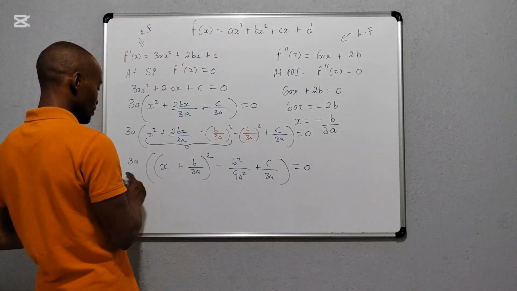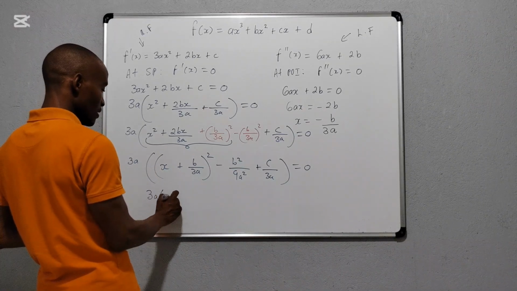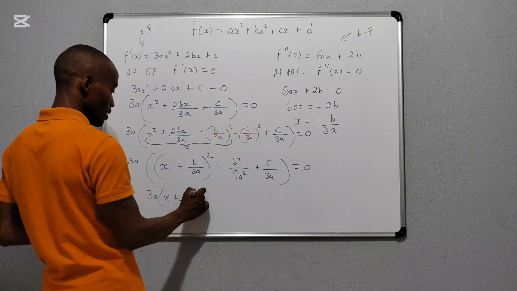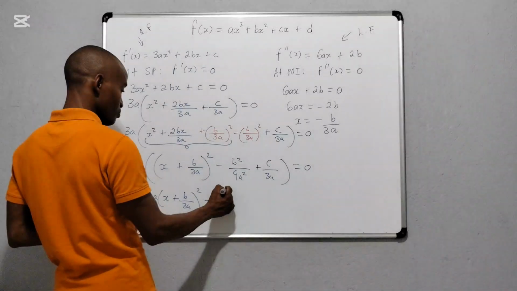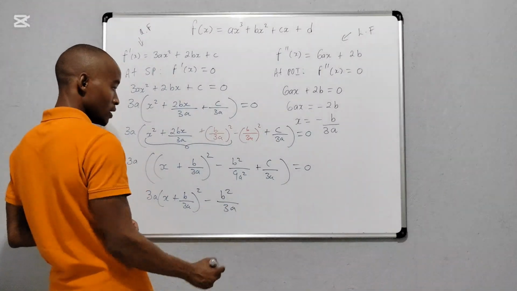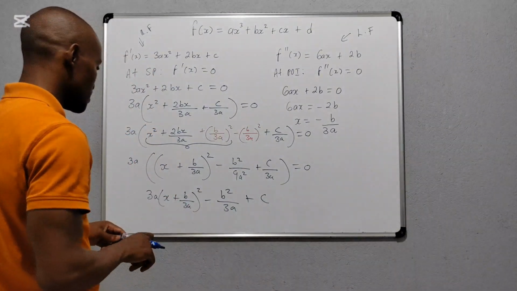Now if we clean up, multiply out the 3a, we end up with 3a times x plus b over 3a squared minus b squared over 3a plus c. Obviously you can further simplify that.